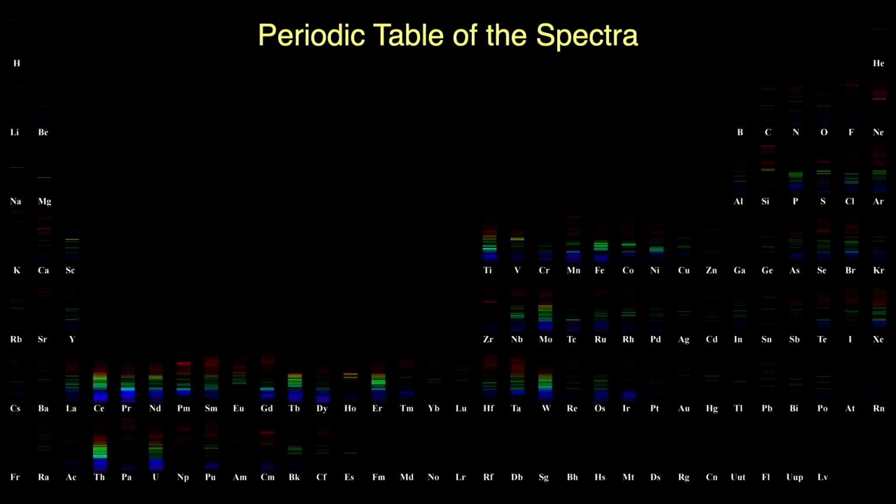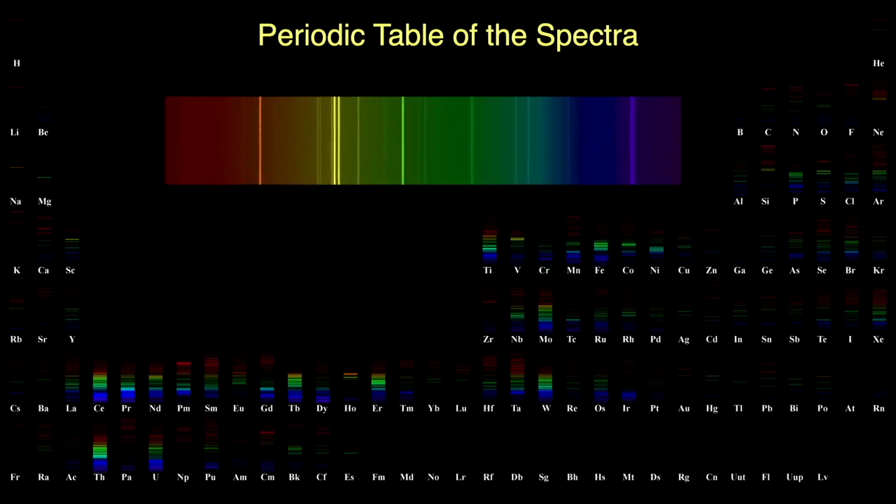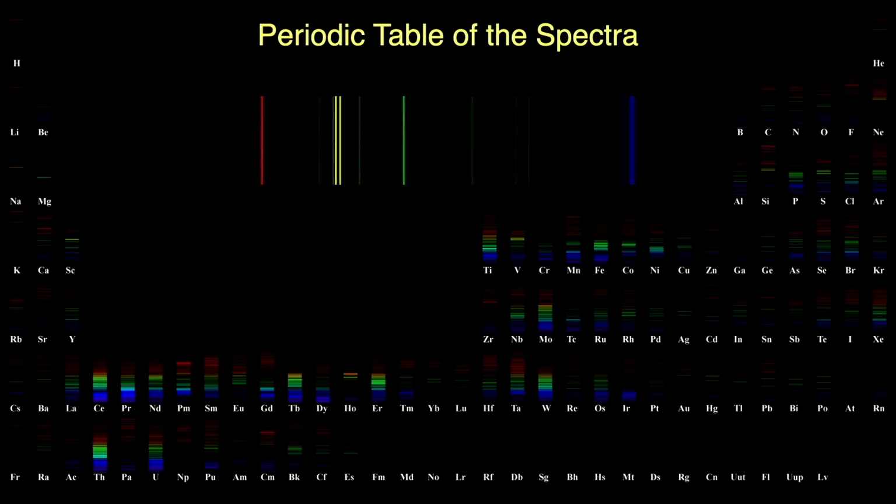Here's the periodic table of the spectra. If you excite atoms, they give off specific colors of light. Mercury has a moderately simple set of emission lines across the spectrum. If I increase the contrast to remove the background, you can see those colors more plainly.